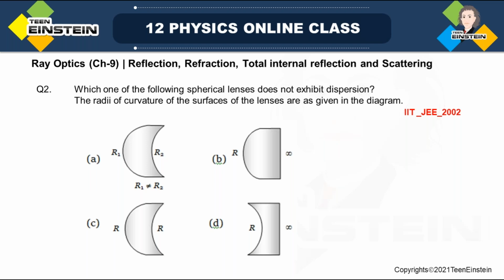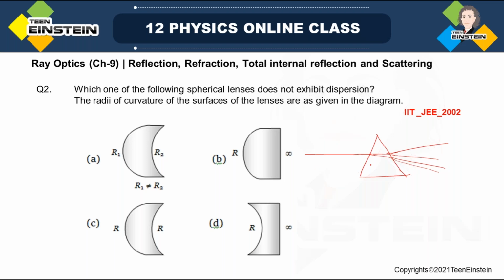We know what dispersion is. Dispersion means, if you have a prism and a composite white light, after refraction at these surfaces there may be many colors. At least in white light there are 7 major colors.